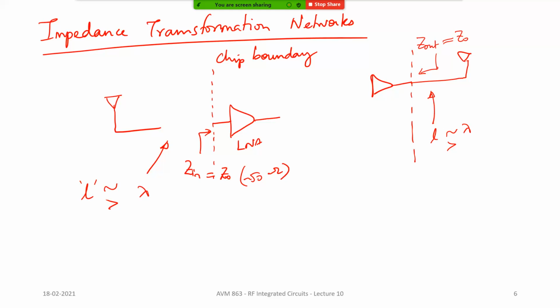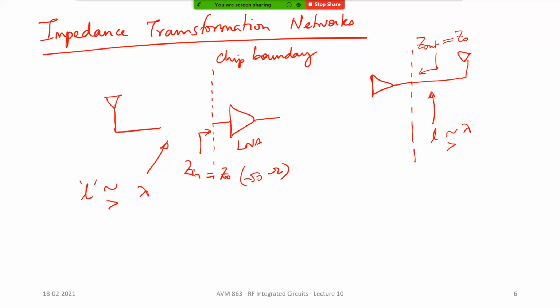So you need some matching network, and also as we start looking at power amplifiers and so on, we will see that there is a necessity to down convert that impedance in order to be able to deliver the power and so on. So whatever all said and done, there are impedances which are not equal to 50 ohm, which need to be changed. Either you up convert the impedance or you down convert the impedance. Now how to do it using passive networks is what we are going to see today.